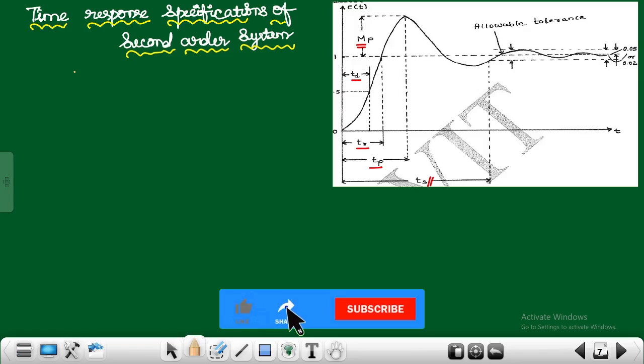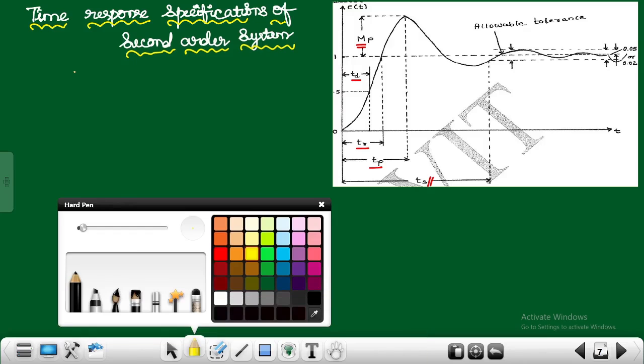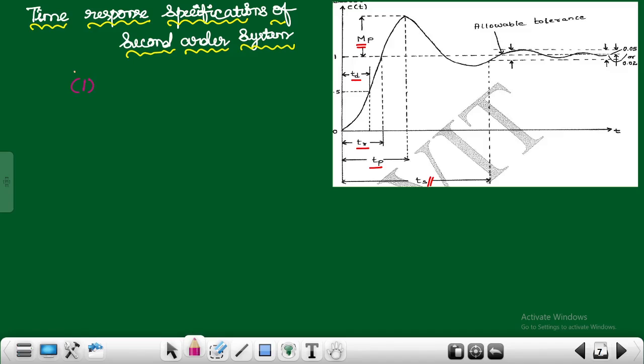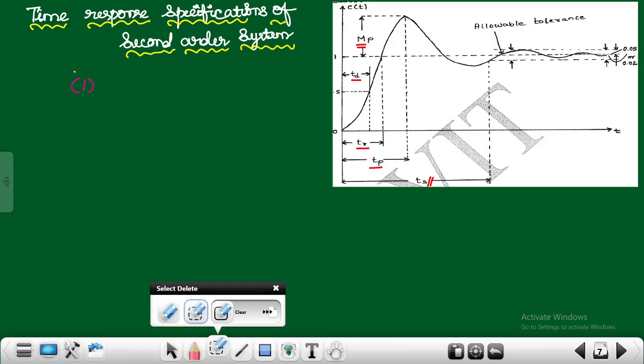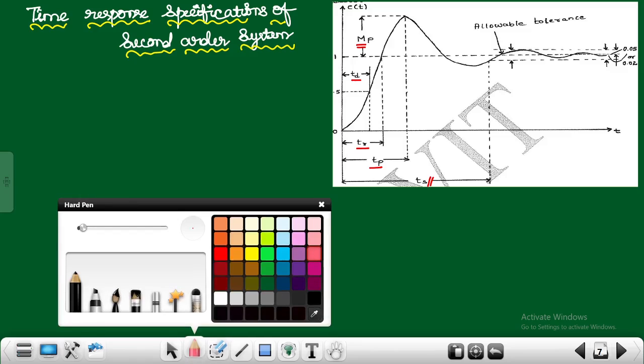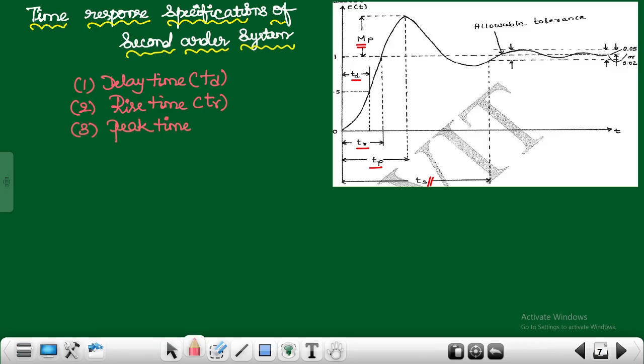Let us consider the system here. First one is delay time, which is represented as TD. Second is rise time, normally represented as TR. Third is peak time, that is TP.